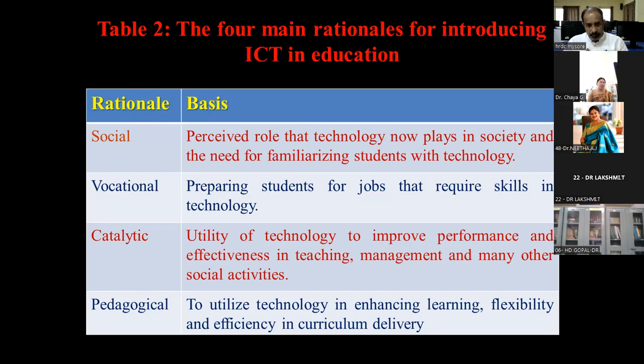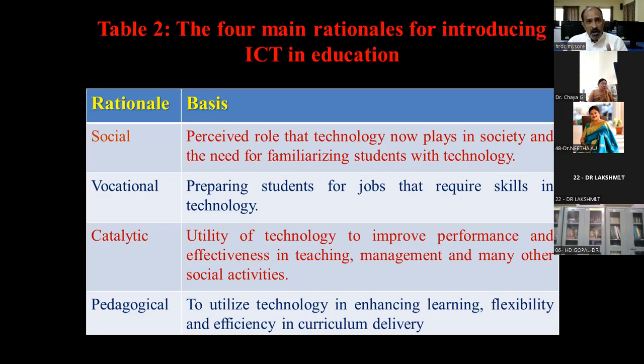Then the catalytic rationale, that means the utility of technology to improve performance and effectiveness in teaching, management, and many other social activities. In the coming slides, I have included a few points regarding this, how we can improve the performance and effectiveness in teaching, right? Or management and many other social activities. You remember our earlier days before this technology. The teacher used to take more than 15 to 20 minutes to draw a picture on the board, and then had to explain.